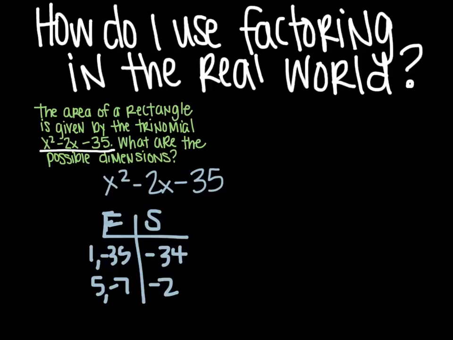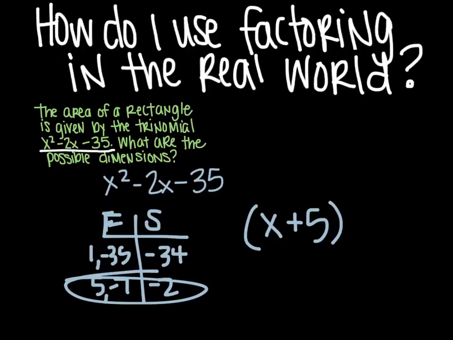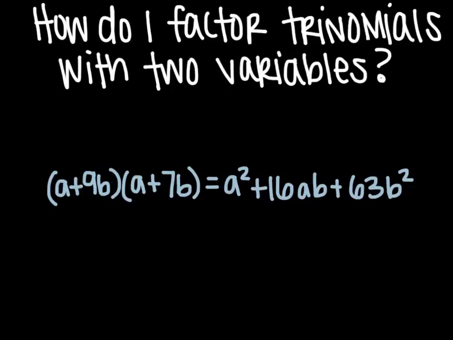That will give me a sum of negative 2, so that is what we're using. So the sides would be x plus 5, and the other side would be x minus 7 as the possible dimensions. So you're not actually going to end up with a number answer, you're going to end up with 2 binomials.